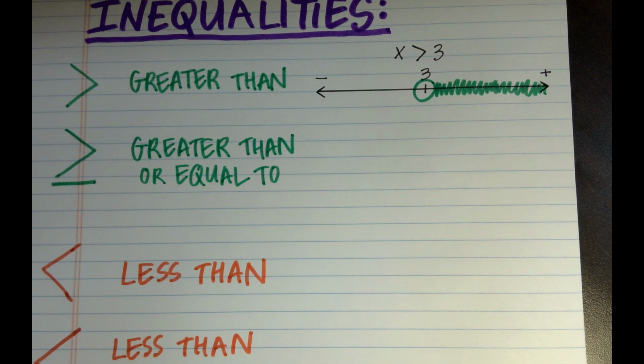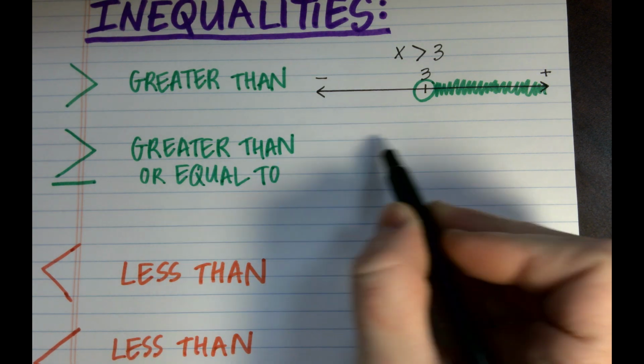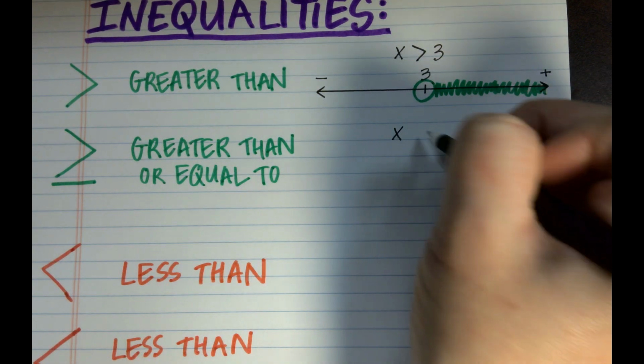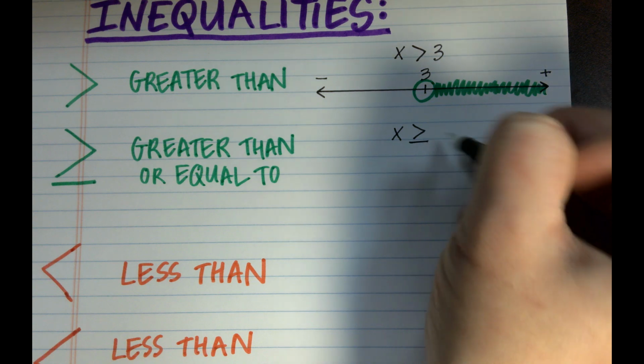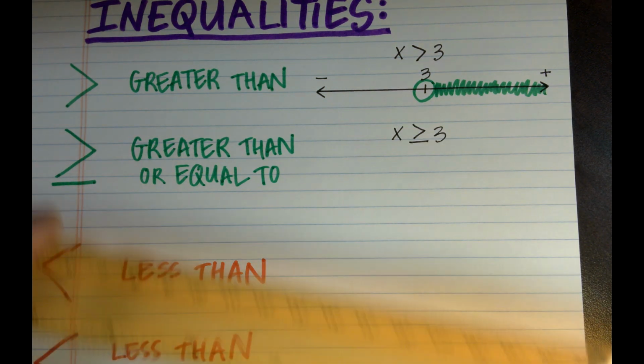So next, we're going to do greater than or equal to. So I'm going to use the same number as an example. Next, we're going to do x is greater than or equal to 3. I'm going to draw another number line.